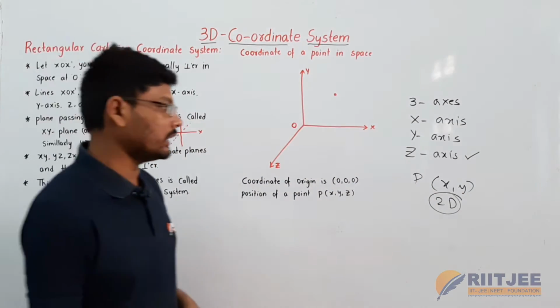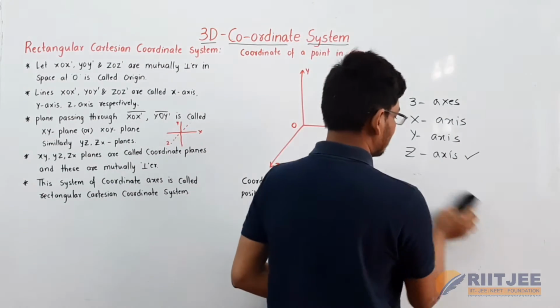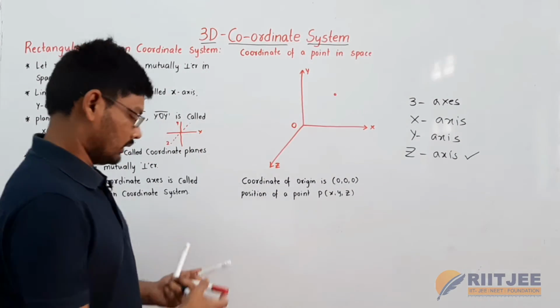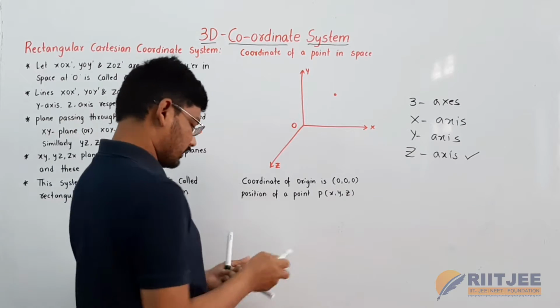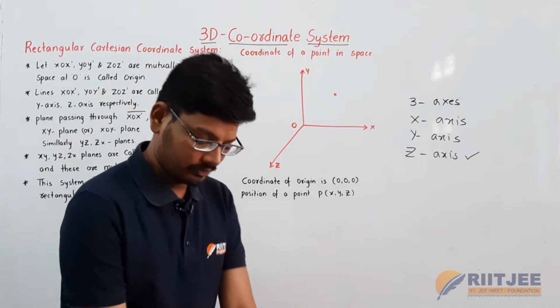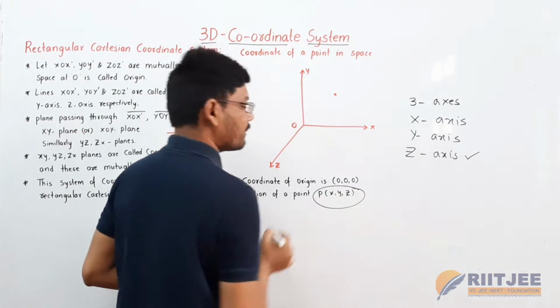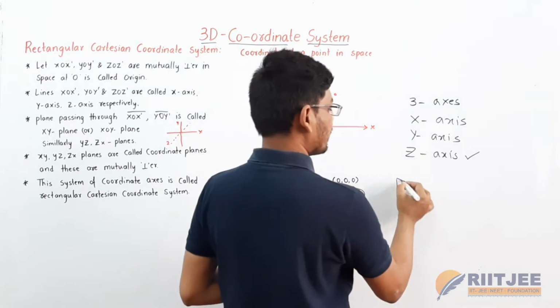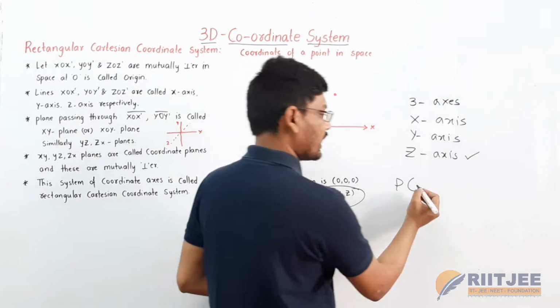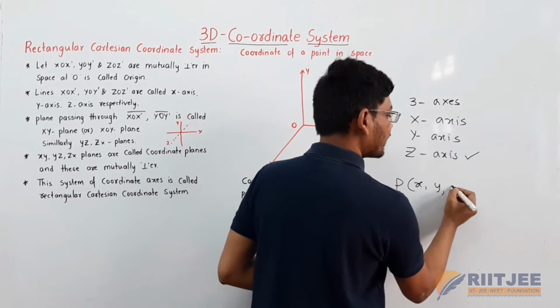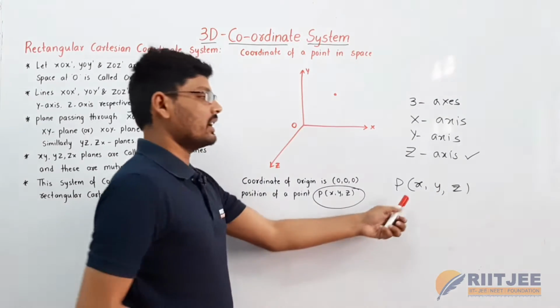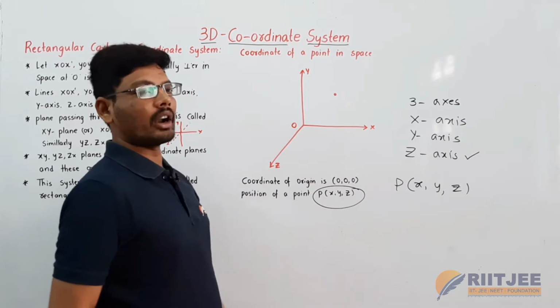Now in the 3D coordinate system, the ordered pair is P of x comma y comma z. This is the ordered pair of a 3D coordinate system.